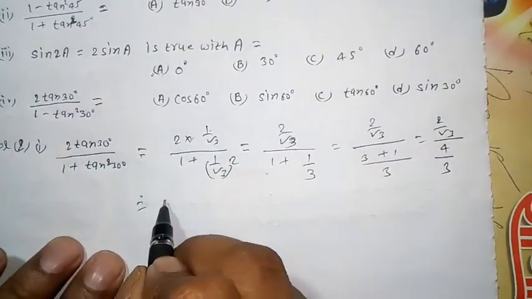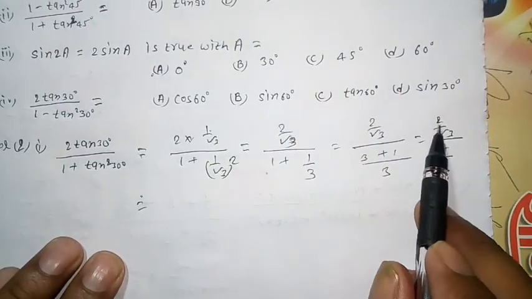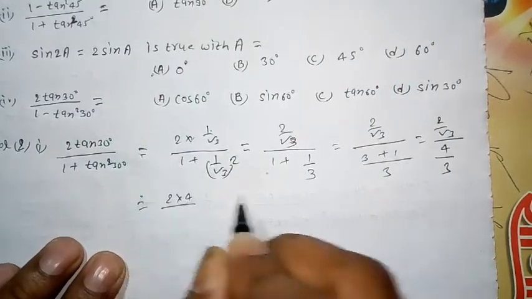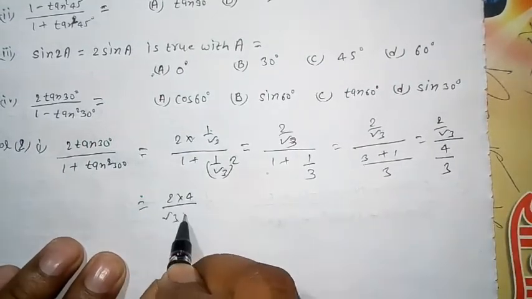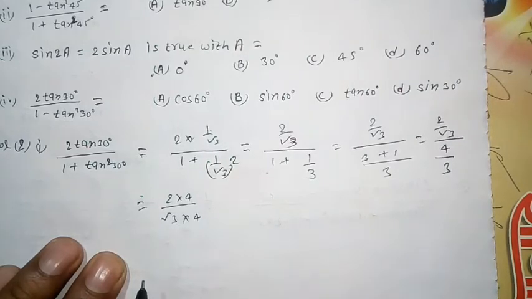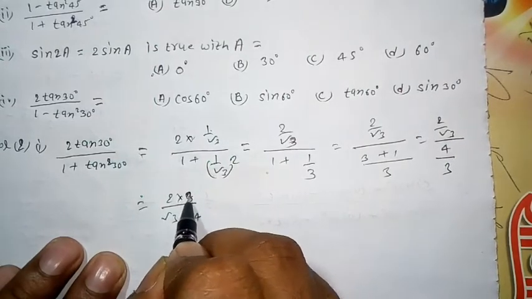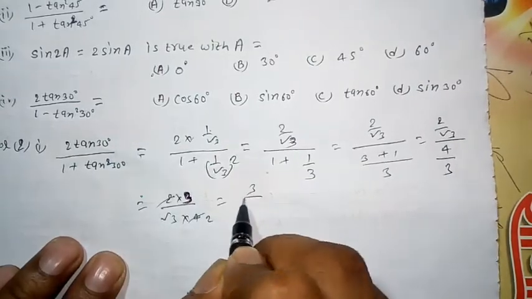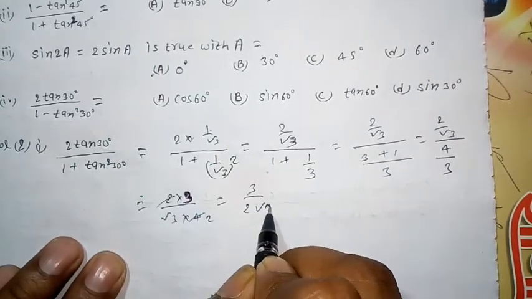Multiply the first term by the fourth term, 2 into 3, and the second into the third, root 3 into 4, so 6 by 4 root 3, which is 3 by 2 root 3.